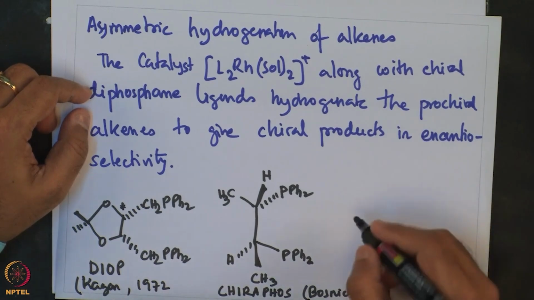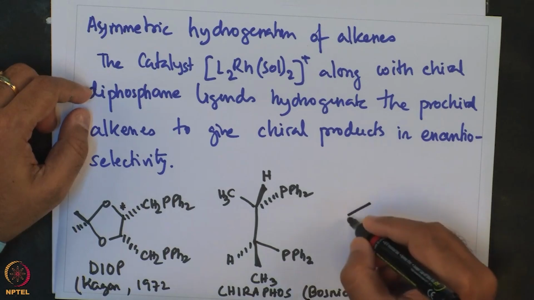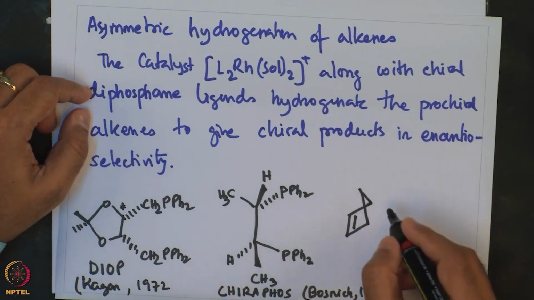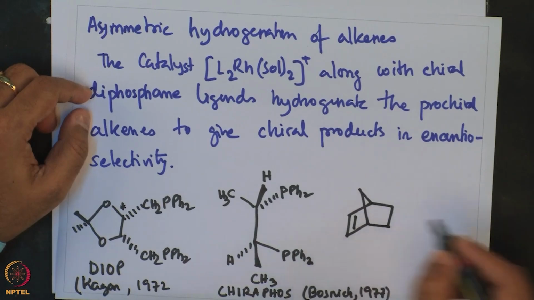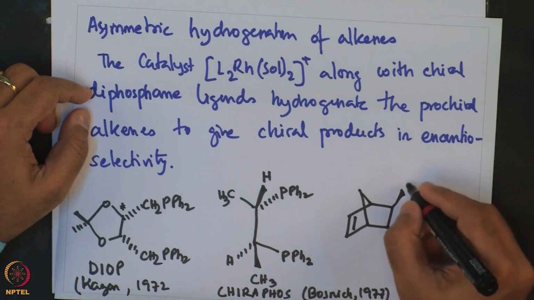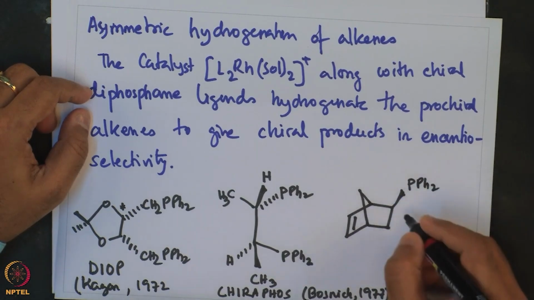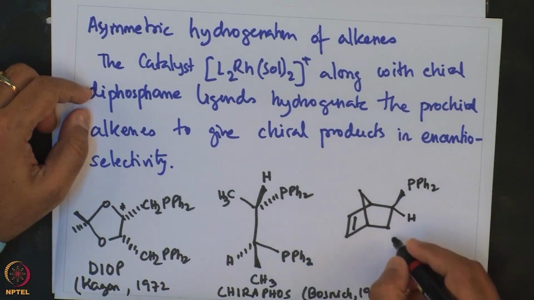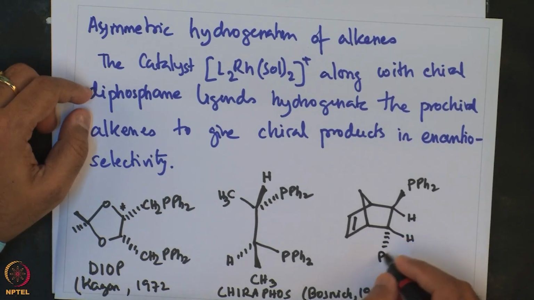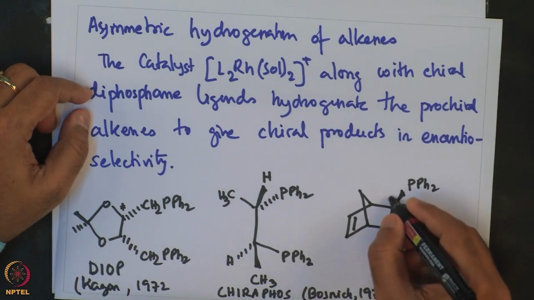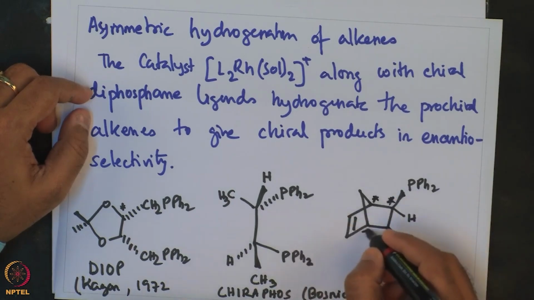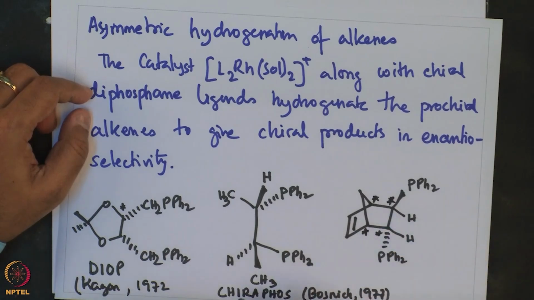And Norphos, this is an interesting ligand, with two PPh2 groups, and it has 4 chiral centers as shown over here.